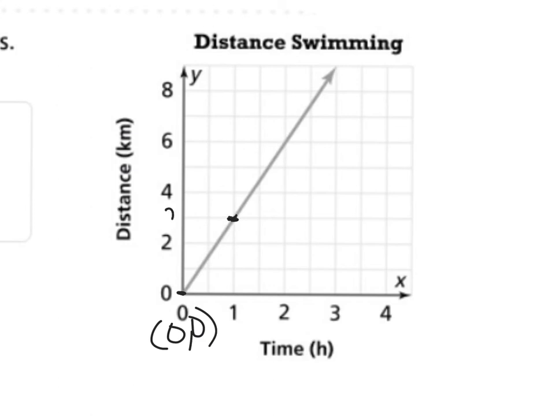We'll have to figure out that that's a 3, but that would be the point (1, 3). Since this is a straight line and it goes through (0, 0), it's proportional, and so this actually is our unit rate point. That tells us in 1 hour they went 3 kilometers, so that's 3 kilometers per hour.